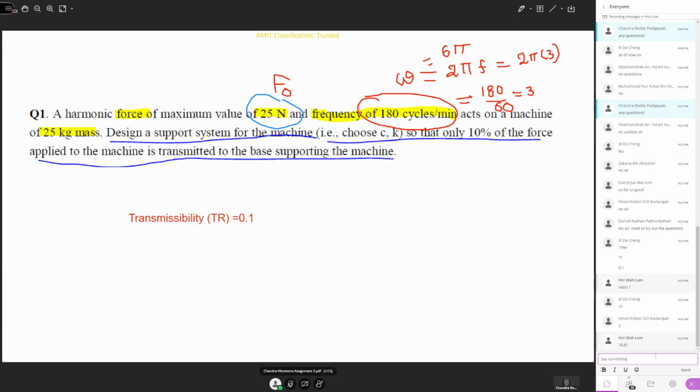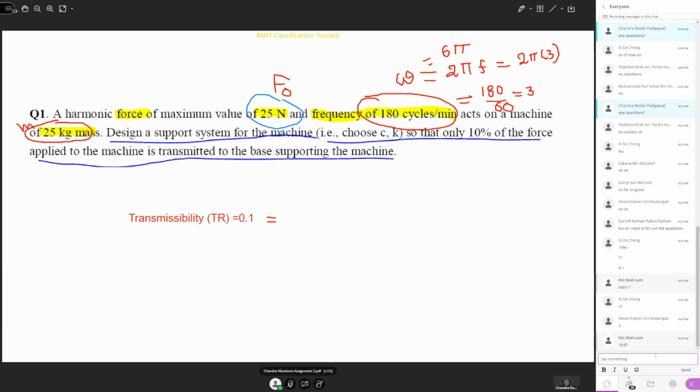All right. So the machine has a mass of 25 kilograms. Okay, only 10% of the force applied to the machine is transmitted to the base. So now we need to find out the design parameters for this. Guys, can you copy the equation for transmissibility?